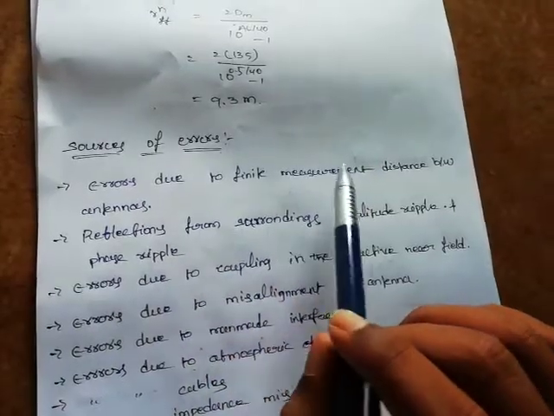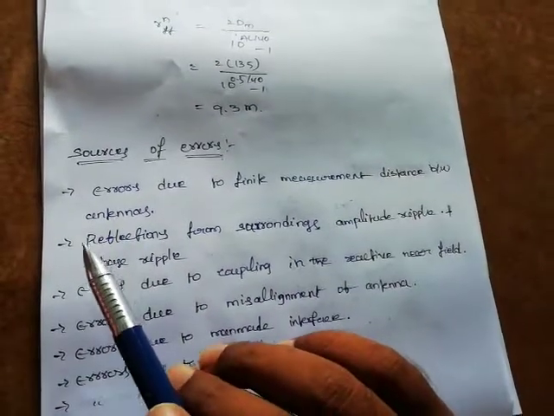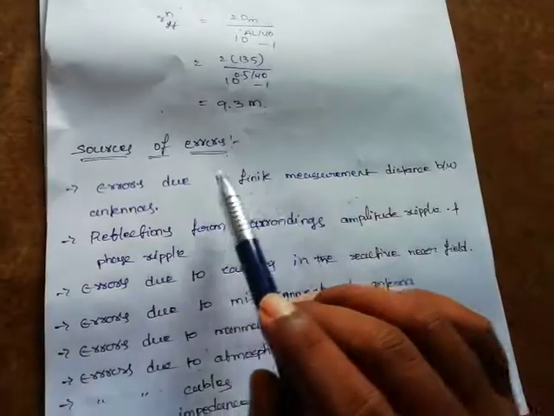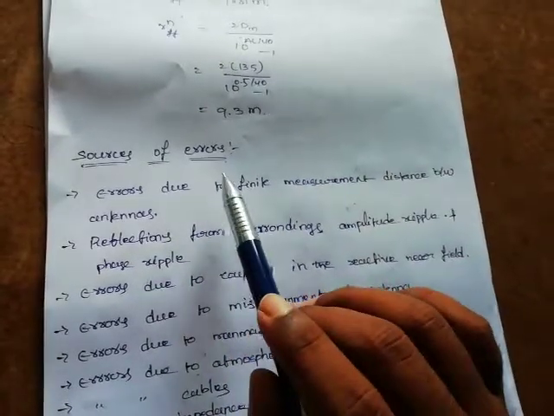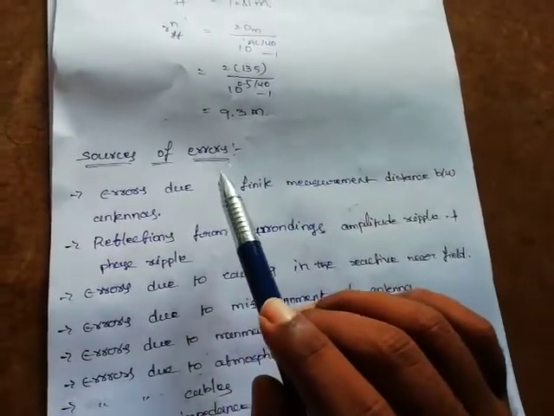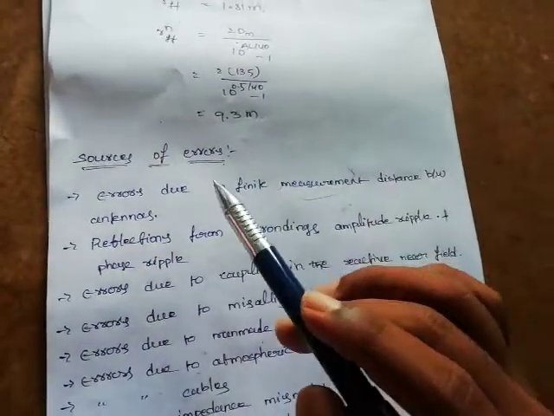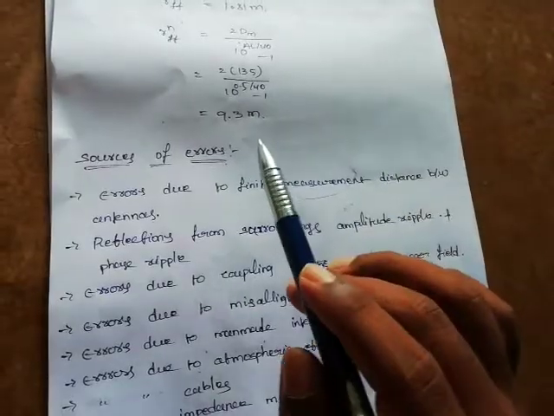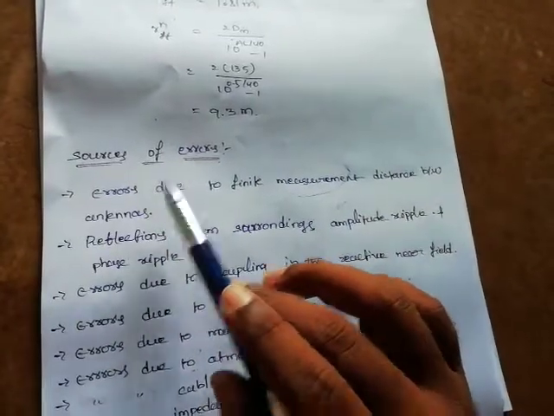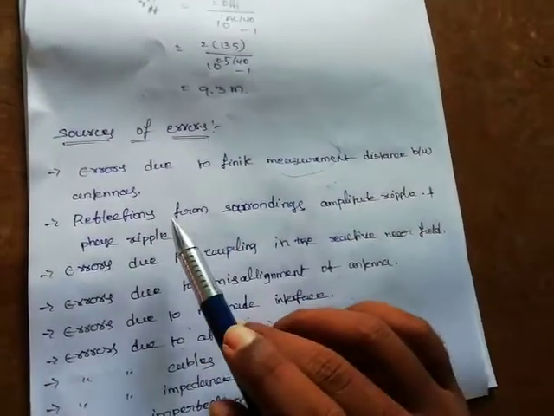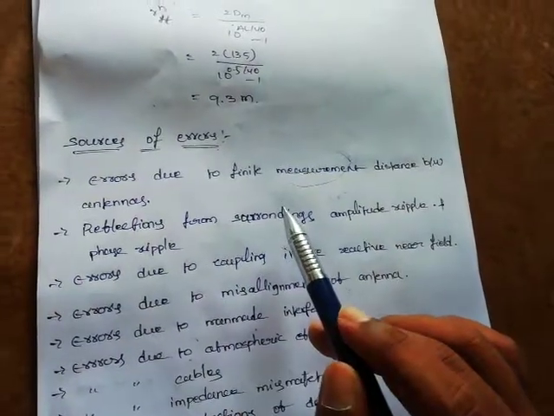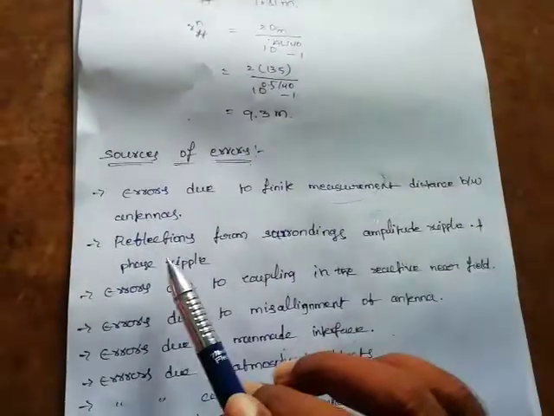Errors due to finite measurement distance between antennas. When you are measuring the distance between two antennas, there is a chance to get errors because you may measure accurately or inaccurately. That is one point. Next, reflections from surroundings, amplitude ripple and phase ripple.